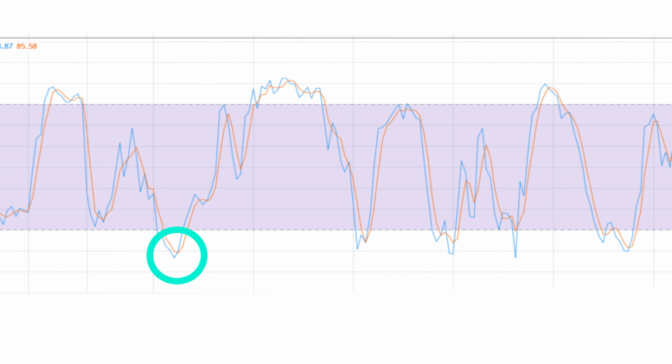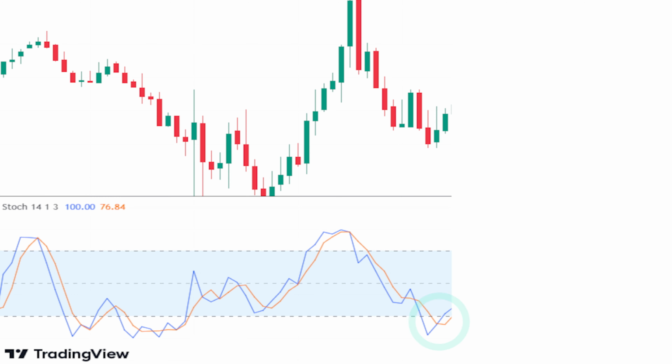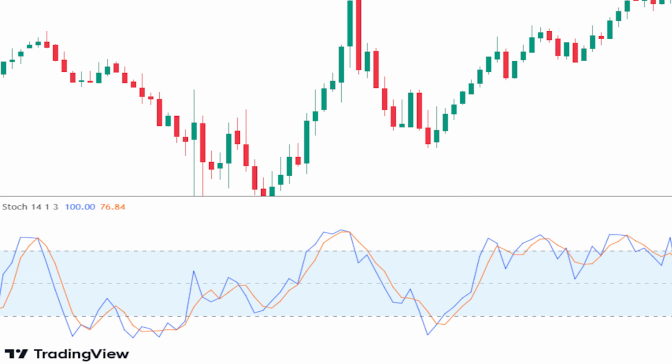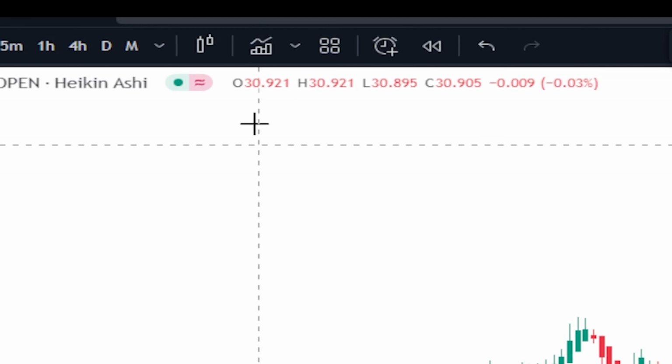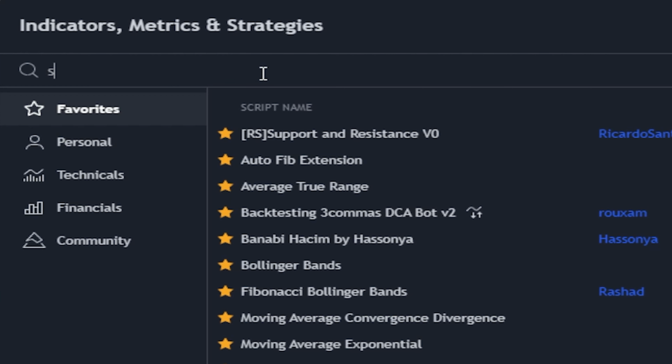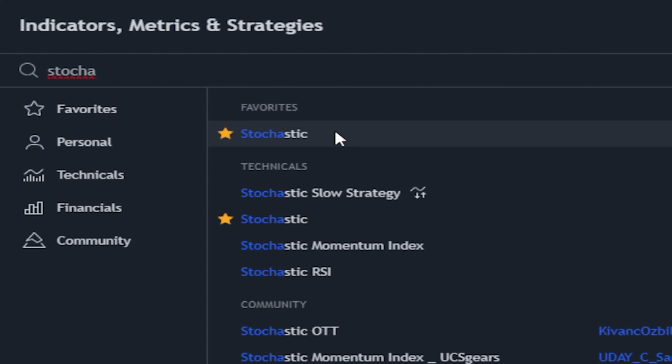If the lines are crossing below the bottom line, the market is being oversold. So as an example, here the lines are crossing below the bottom line, indicating the market is oversold and it's likely to reverse upwards. Just like most indicators though, this indicator by itself isn't very good. But combined with other indicators, it's extremely powerful. To add this indicator, go to the Indicators tab, type in Stochastics, and click this one right here.